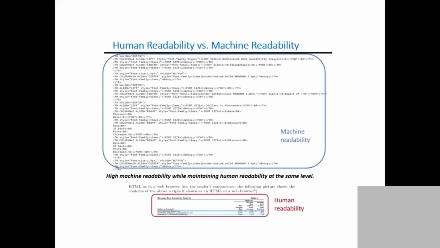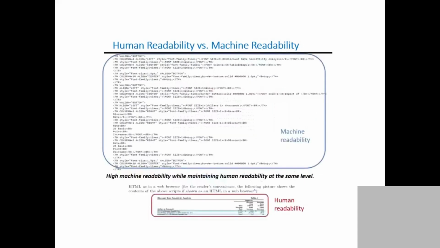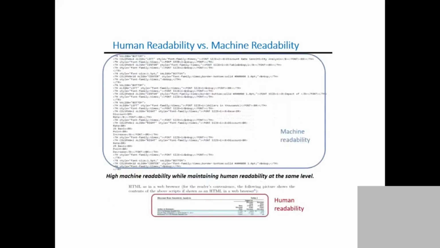Both cases are friendly to humans, because a human reading either table is okay. But this code is much friendlier to machines than code like this, because in the second scenario the AI has to read and analyze the image to get the contents, while this one is much easier.